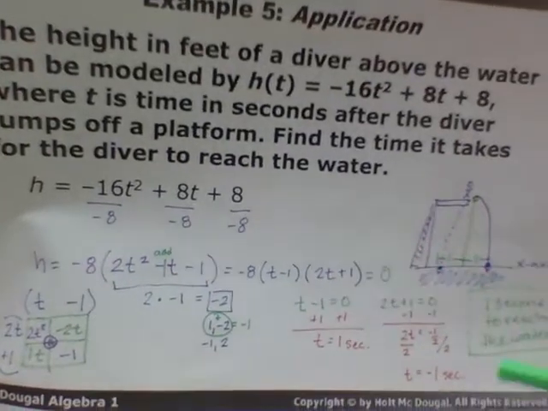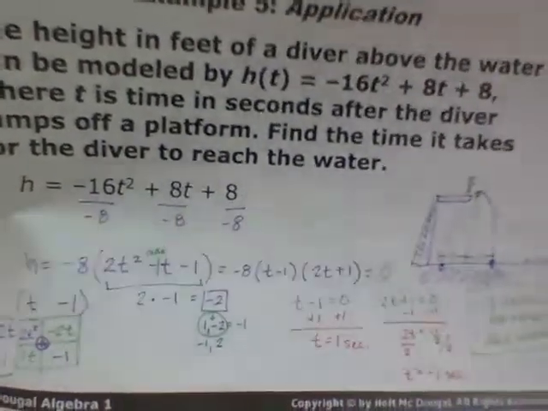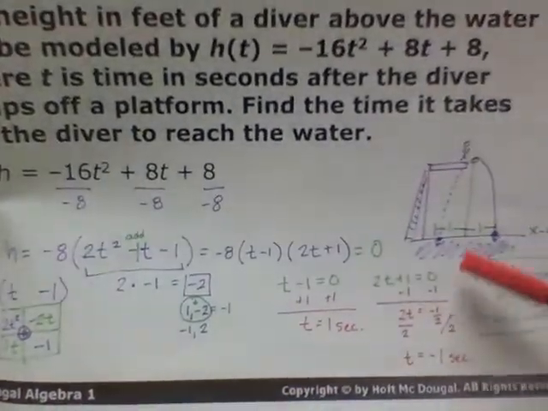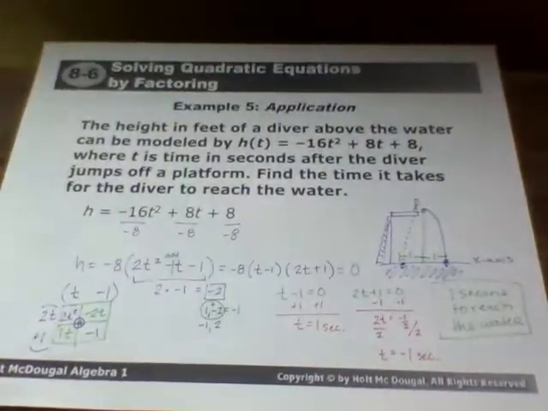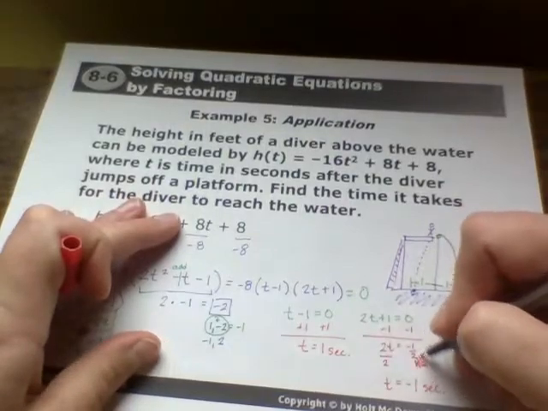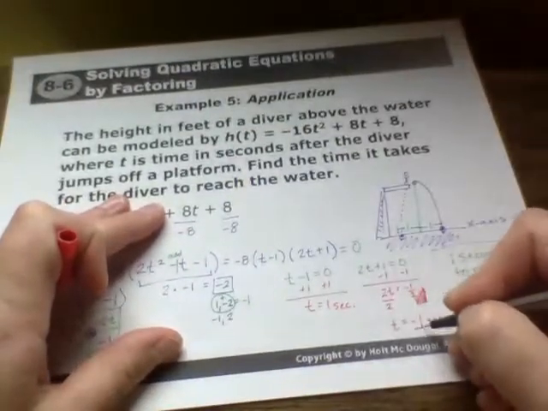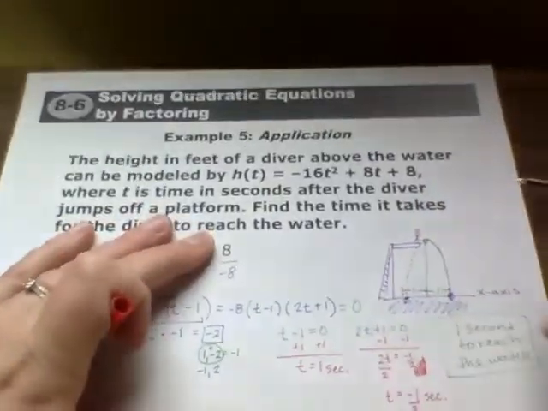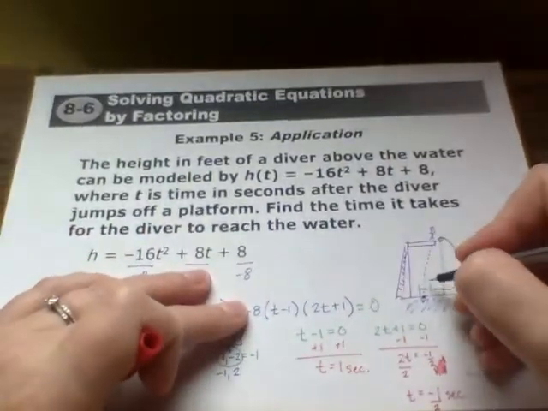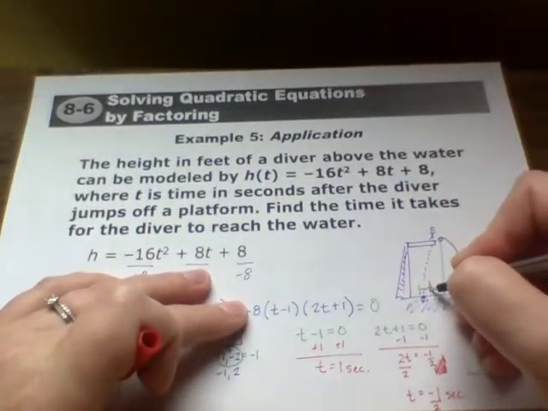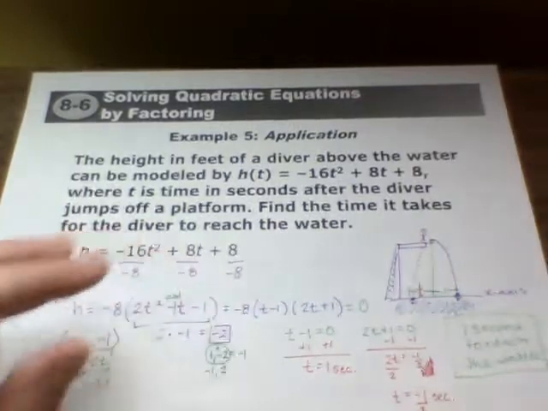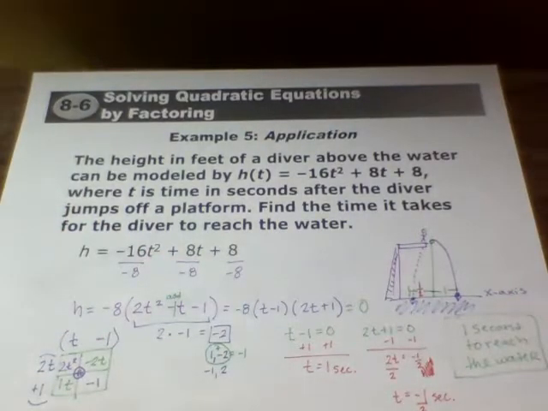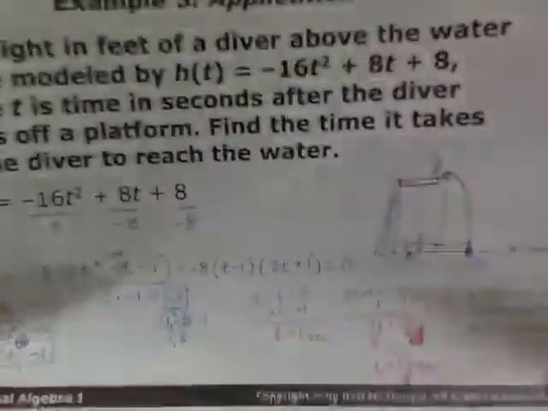So this is supposed to be negative 1/2. So how did I get negative 1? Oh, I got ahead of myself. Okay. So this is actually 1/2 of a second up to the point that the person is at, and then 1 second after that. So sorry about that.